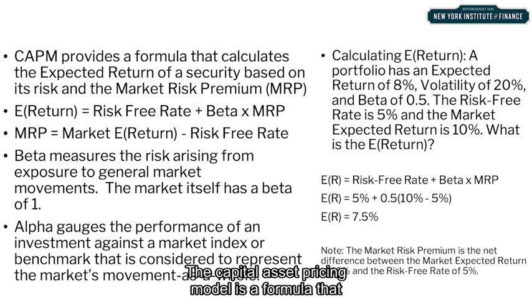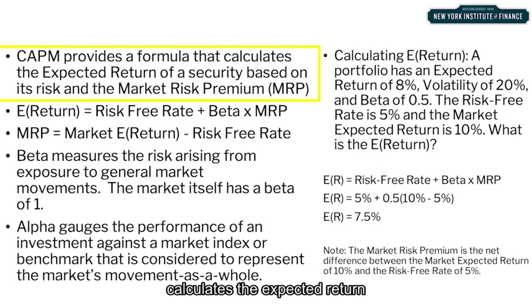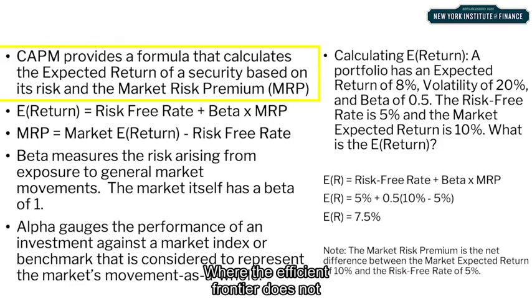The capital asset pricing model is a formula that calculates the expected return of a security based on its risk. Where the efficient frontier does not take into account the concept of the risk-free rate, the capital asset pricing model actually does take into account the risk-free rate, but it also takes into account beta, being the company's systematic risk.